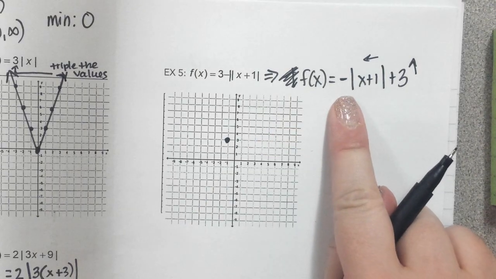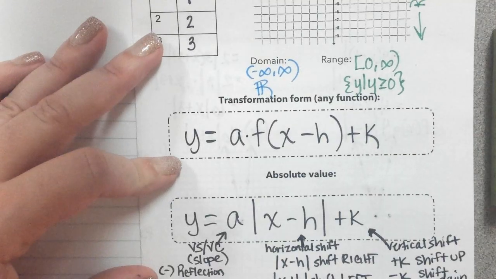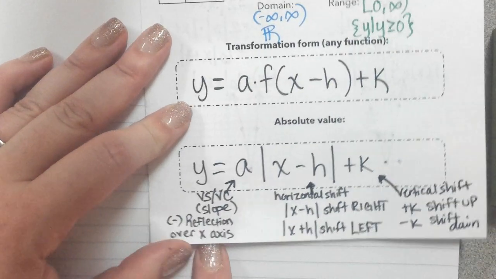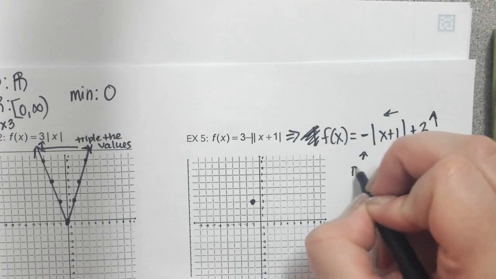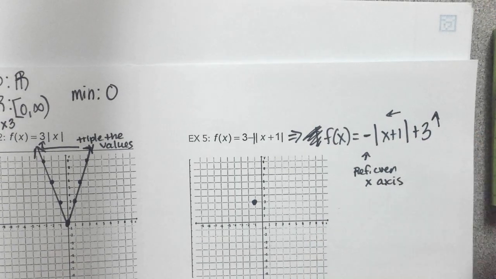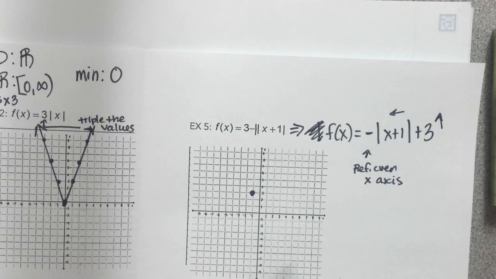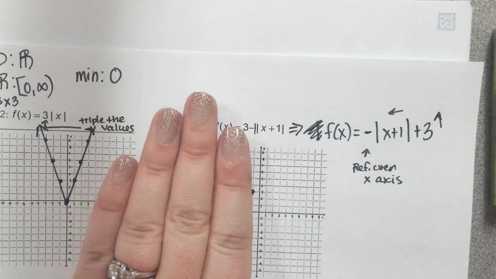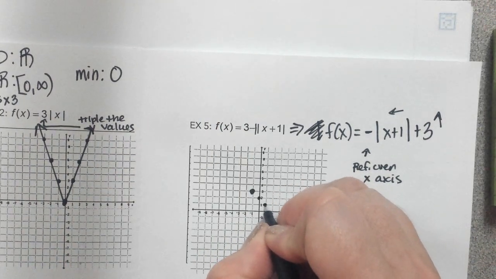But that minus sign, remember when a is negative, that's a reflection over the x-axis, right? So that V isn't going to be pointed up. It's going to be pointed down. I'm just going to make a note here: this is a reflection over the x-axis. In other words, we're just going to graph a slope on the right side of negative 1. So down 1, right 1.